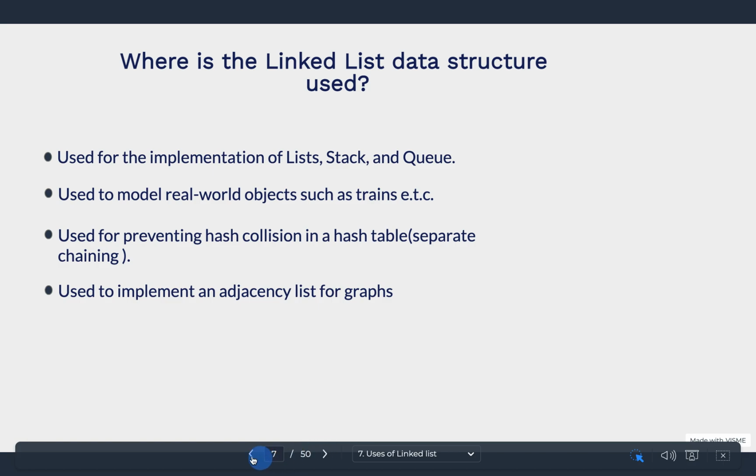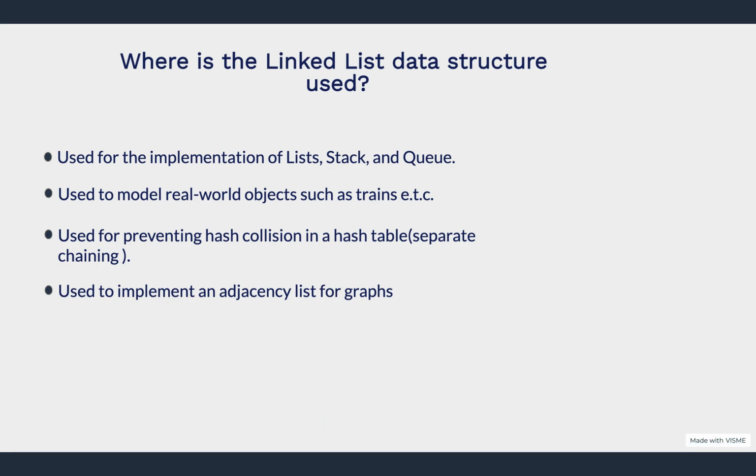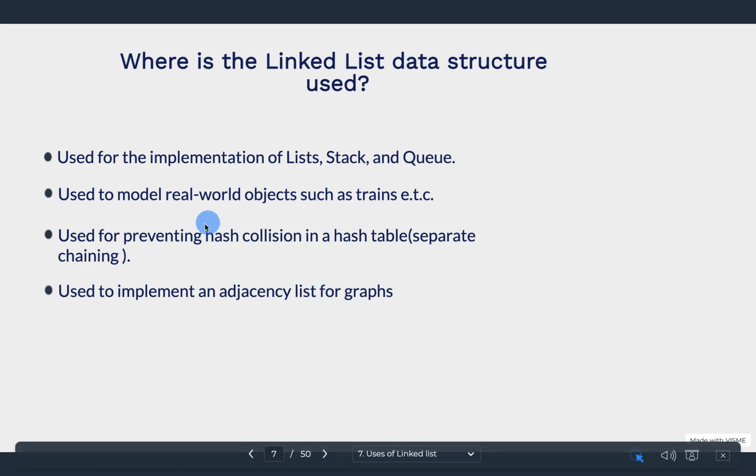This can be implemented using a kind of linked list. Also in a music player, you can have previous and next, and that can also be implemented using the linked list. Or an image viewer, where you can check out the previous image and the next image, you can also use a kind of linked list.